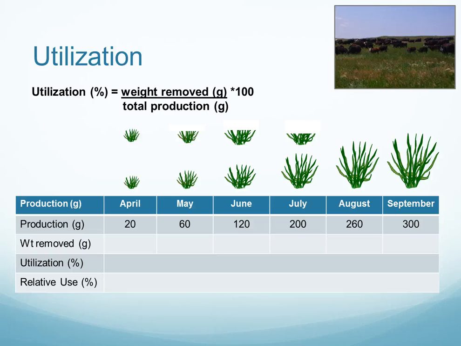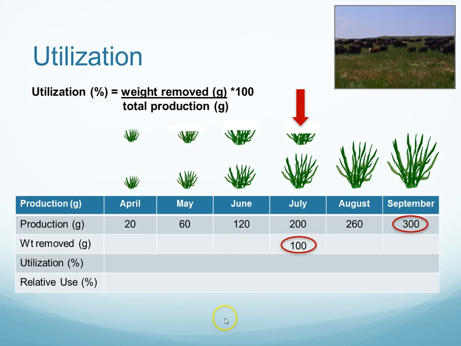If we want to estimate the amount of utilization when the animals are removed in July, we would estimate the average amount of weight that has been removed by the animals. Utilization is calculated as the proportion of the weight removed relative to the total annual production.